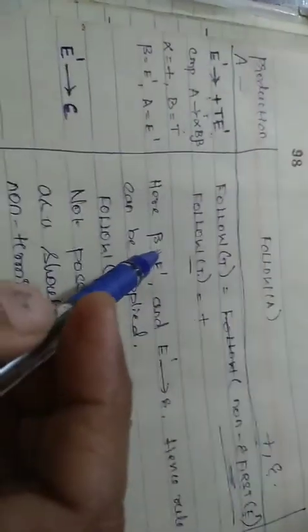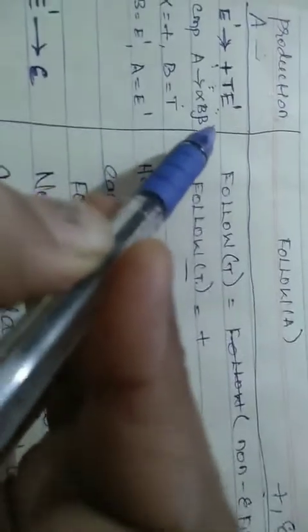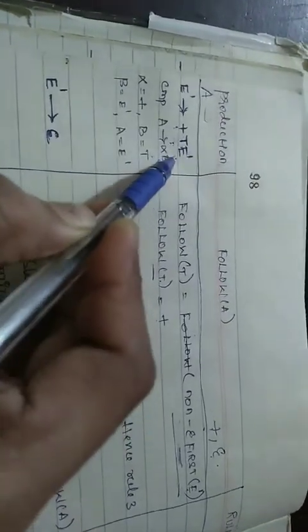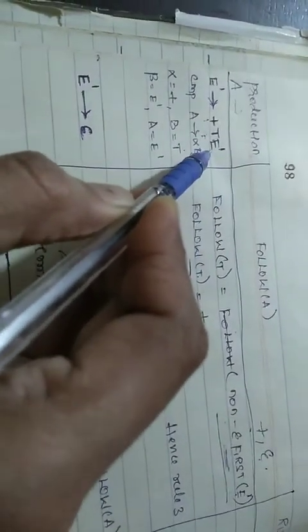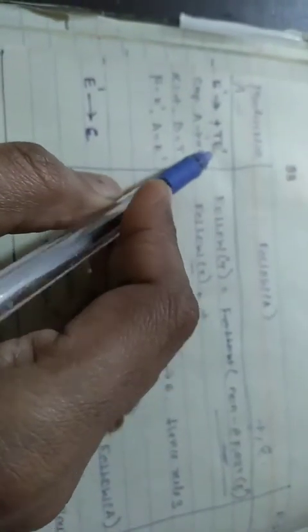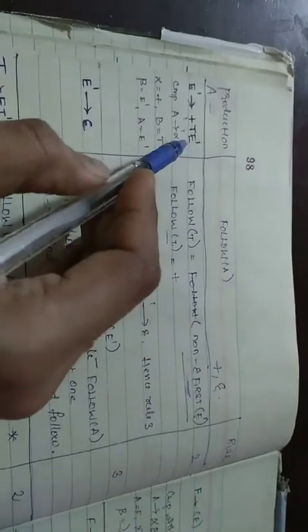Okay. Next, what is your beta here? Since T is B, alpha B beta, beta is E dash. So beta is epsilon, because E dash has an epsilon definition. Since it has an epsilon definition, what do I have to do? I have to apply the third rule. What does your third rule say?